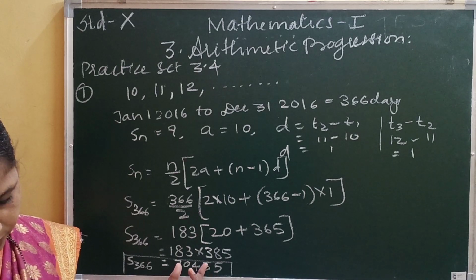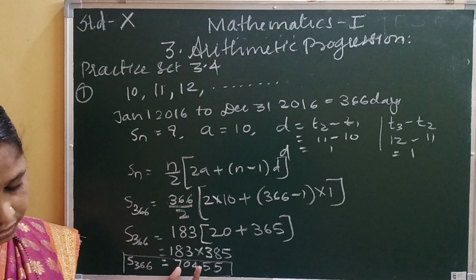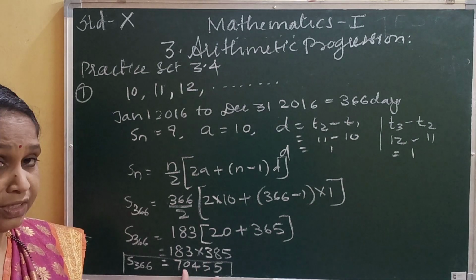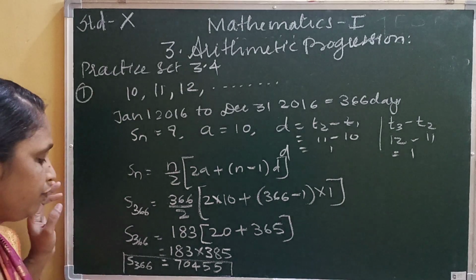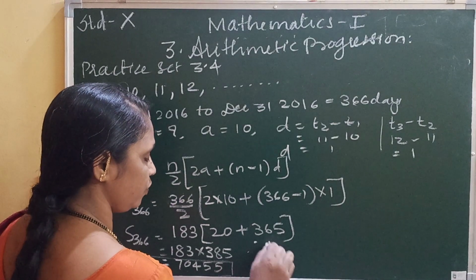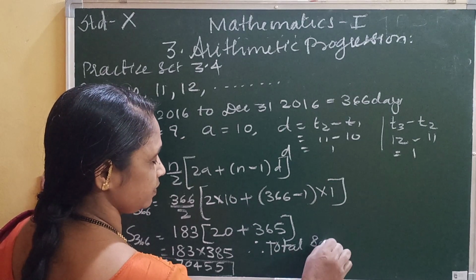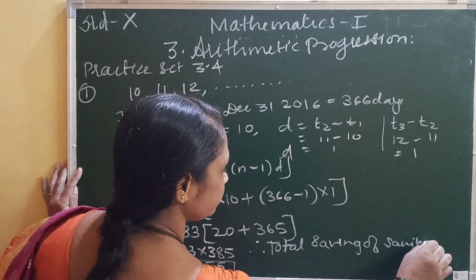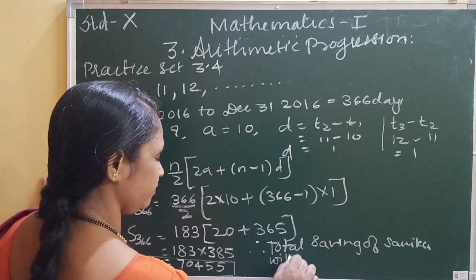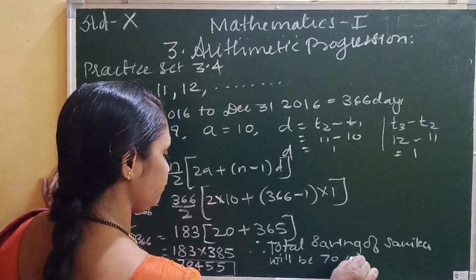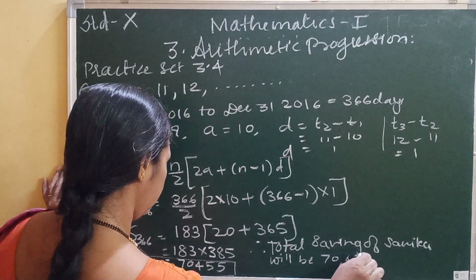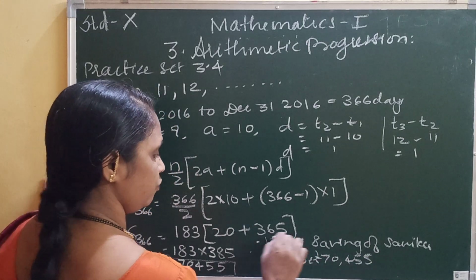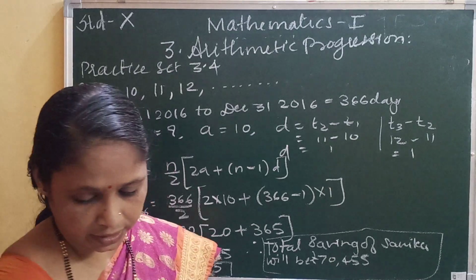Or you can say like this. They have asked what would be her total saving. So the total saving of Sanika will be 70,455 rupees.